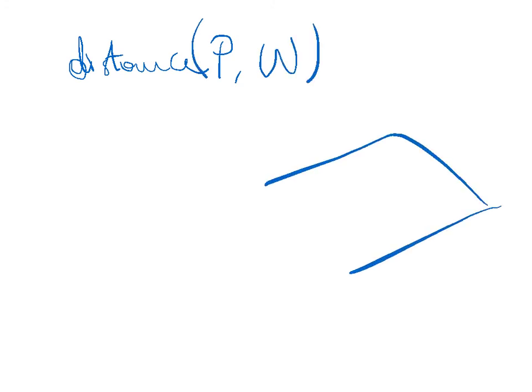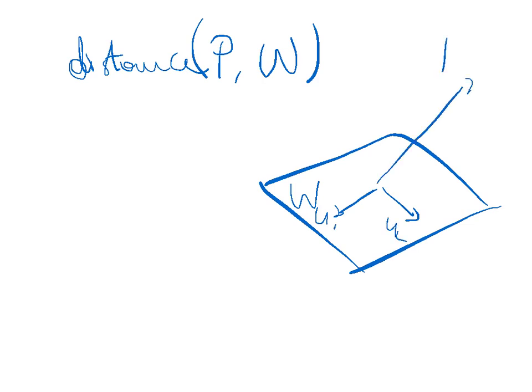So let's draw a picture of what's happening here. This is my set W. These are my two vectors, u1 and u2, that are perpendicular to each other. Then I have a point P, and I'm projecting P onto W. So I have a 90-degree angle here, and this is the projection of P onto W. What I'm seeking is the distance between P and W, and I'm going to emphasize this distance by writing it in red here.